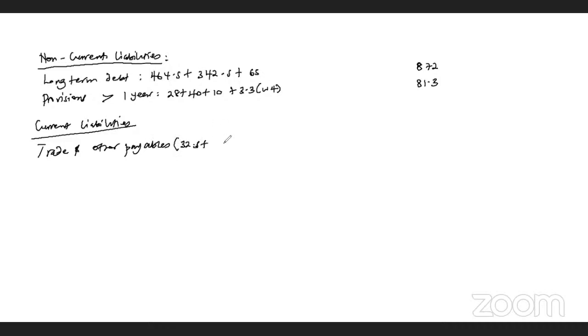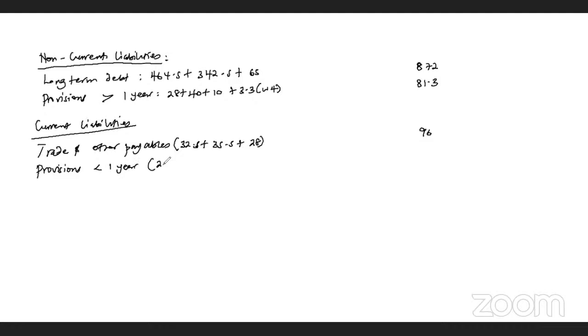This is 32.5 plus 35.5, then plus 28, no adjustments. That gives you 96. Then finally we have provisions of less than 1 year.